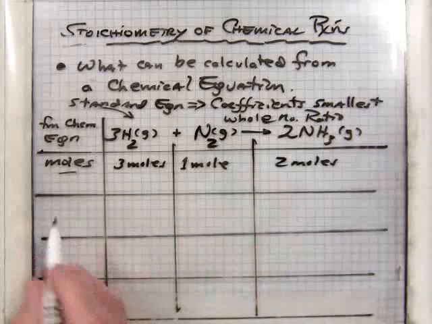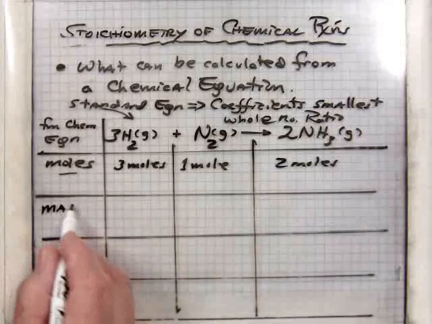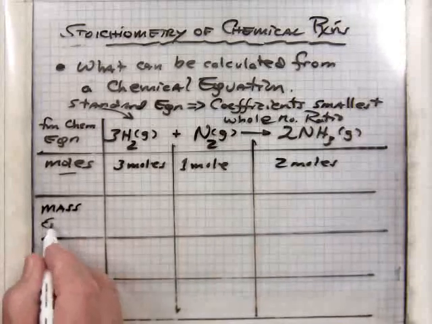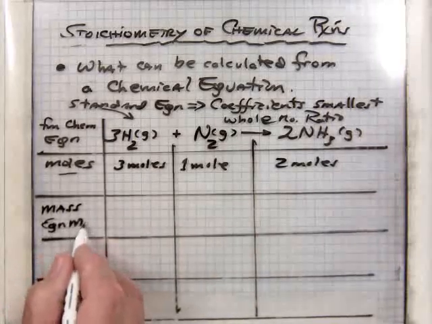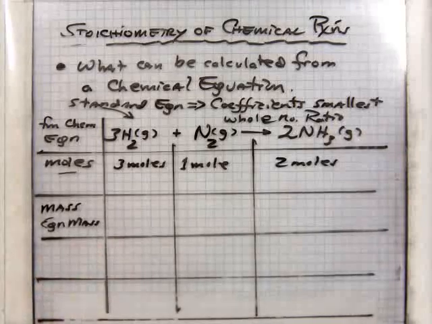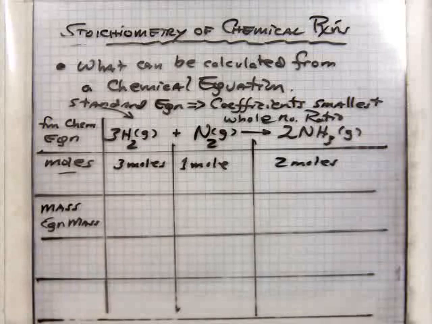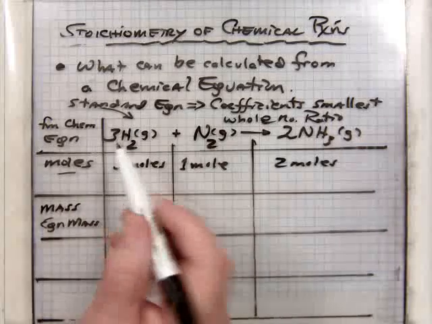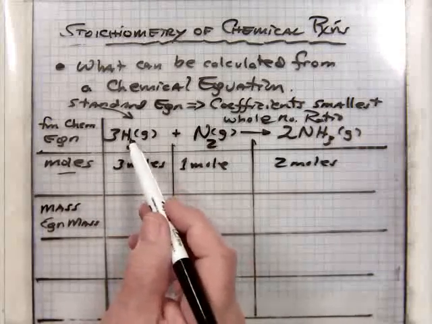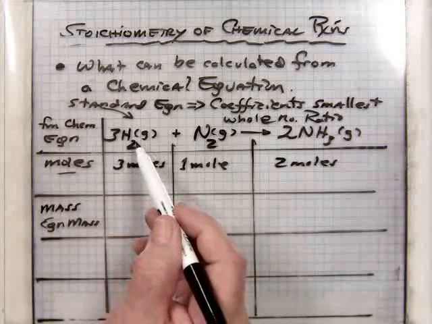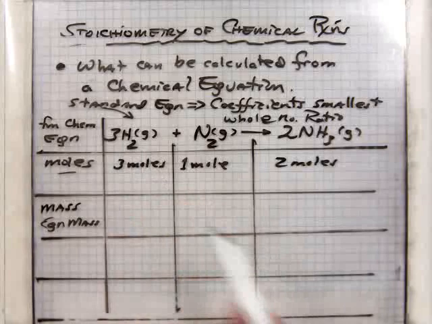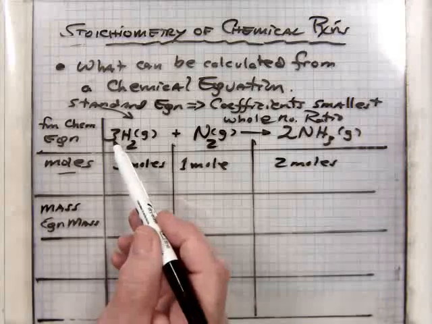Another thing is mass values. And we call this equation mass. So the 1 mole of a substance is 1 formula weight. So when we look at the formula weight of molecular hydrogen, its value is 2 grams per mole. 1 and 1 is 2. Okay? But in the equation, we have 3 moles.